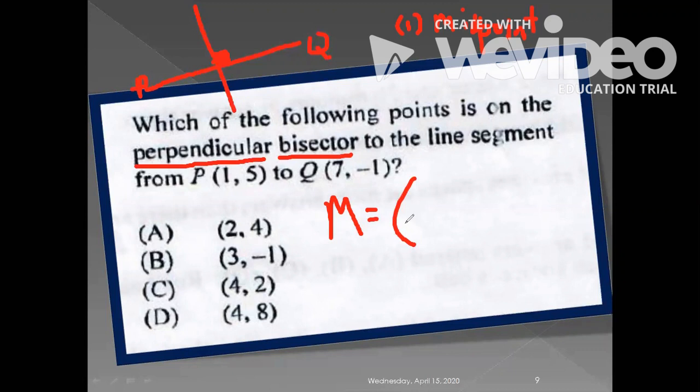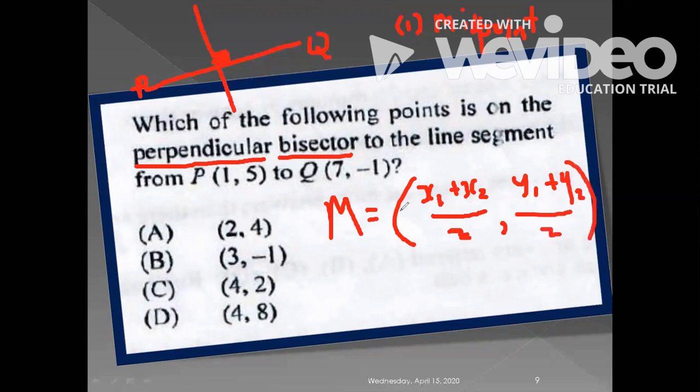Either from 6th form or from grade 11? It's simply x1 plus x2 divided by 2. And you can see the reason why we divide it by 2, right? It means the midpoint. And then we have y1 plus y2 divided by 2.